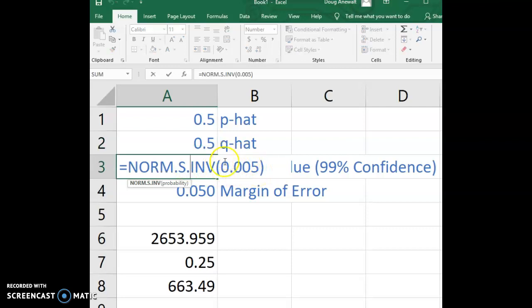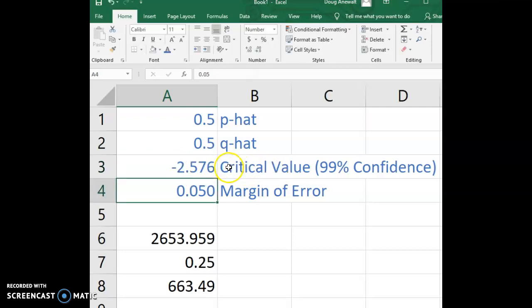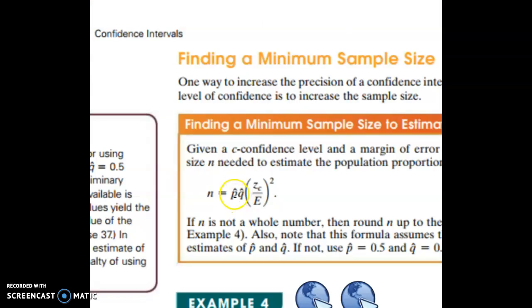That means there's 1% in the tail, so 0.5% in each tail. So 0.005 is in the tails of our normal distribution. The margin of error was stated that we wanted it to be within 5%, so 0.05 is our margin of error. And so we're going to plug those four values in here to calculate the sample size we need.